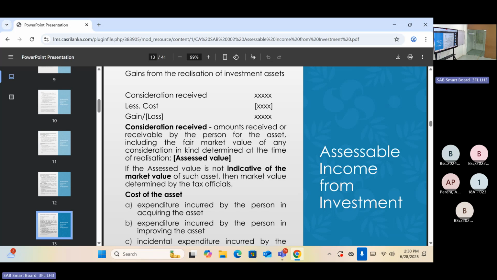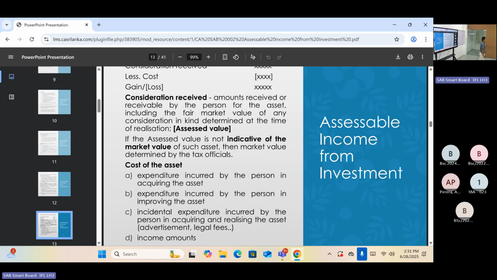If both are not indicative of the market value, the tax officer can determine the value. That value should be considered the consideration received. Therefore, an under-hand transaction is not possible in this context.